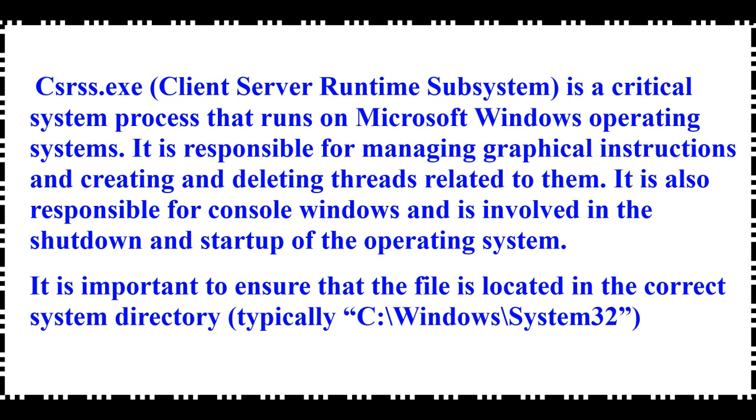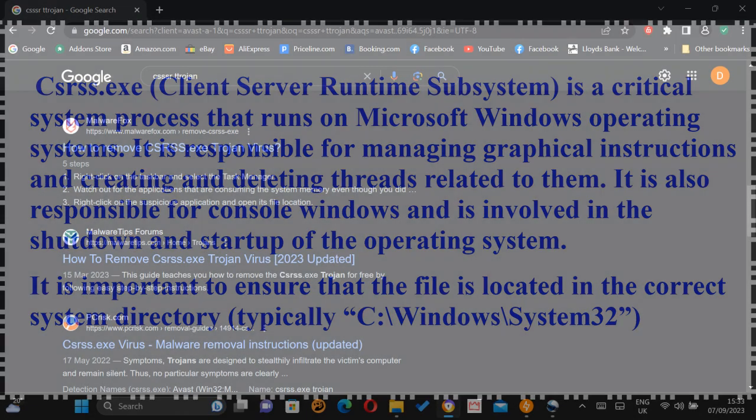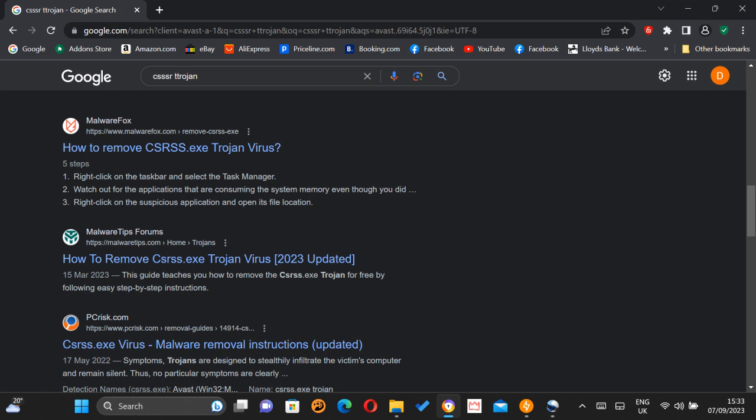Space T. It says Trojan process. So you click on that Trojan.